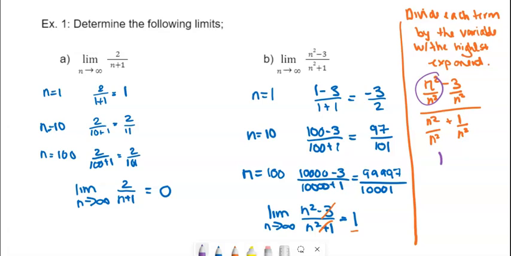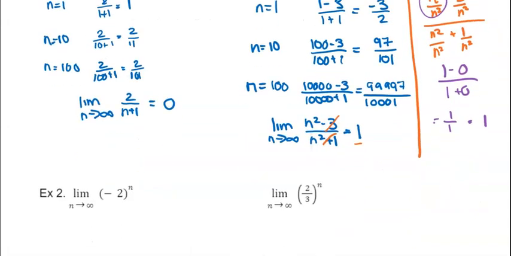And 3 divided by infinity is going to turn into 0, just like we saw in the first example. N squared divided by n squared is 1. And 1 divided by infinity is also 0. So this is just another strategy to get the limit of 1. Okay, so either way.